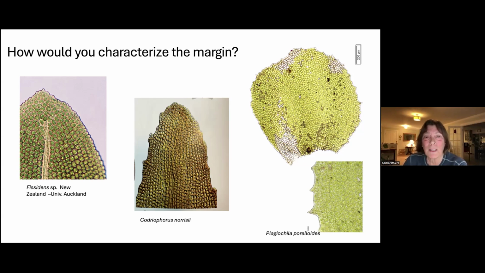Small regular teeth, unicellular teeth, all pointing towards the leaf apex. It's more words, and that could be a problem depending on the format of what you're writing. But unless you're going to take the time to really define what you mean, you can see that there's a whole lot of room for interpretation.